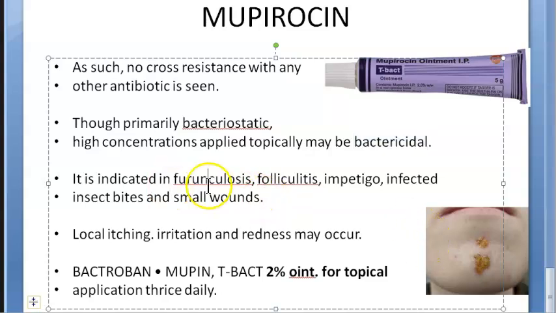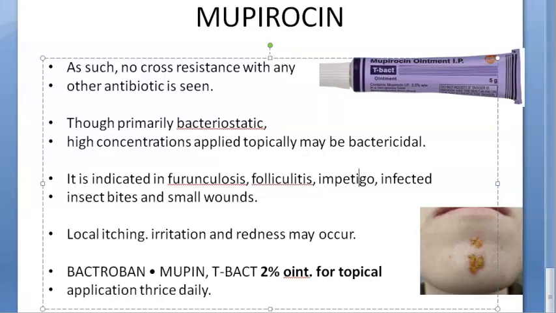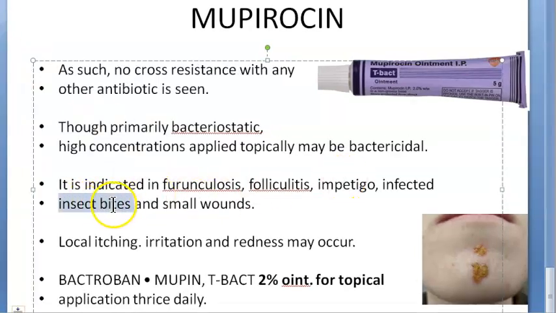When will you apply this? You will apply it for furunculosis. Furunculosis means furuncle, something to do with the hair follicle. Folliculitis, same thing, follicle, I think. Impetigo, some skin boils, bacterial infection. Infected insect bite. If an insect bites you and it gets infected, they want to kill the bacteria, remember. Small wounds.